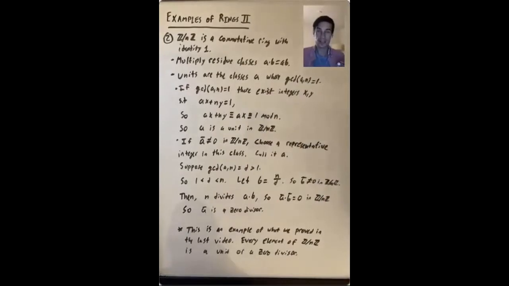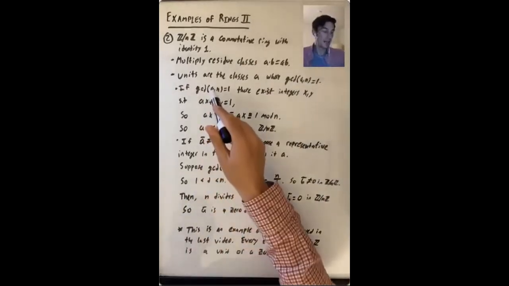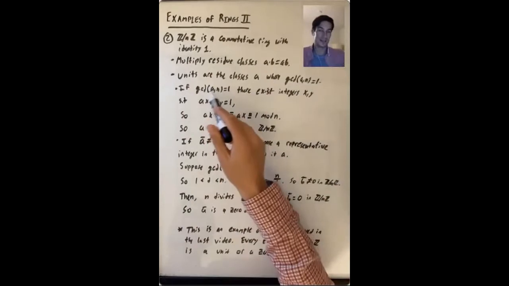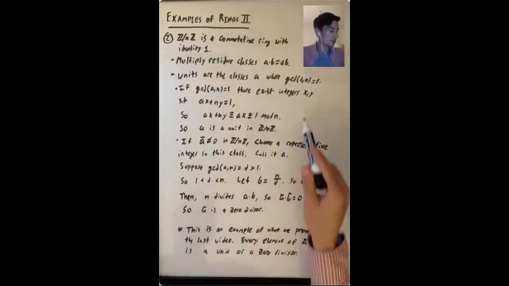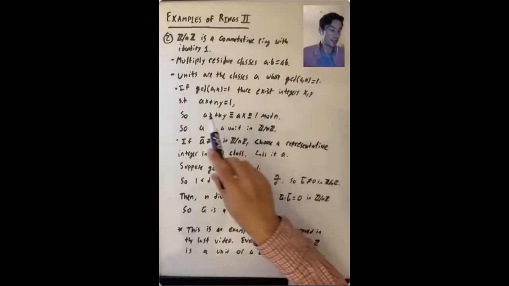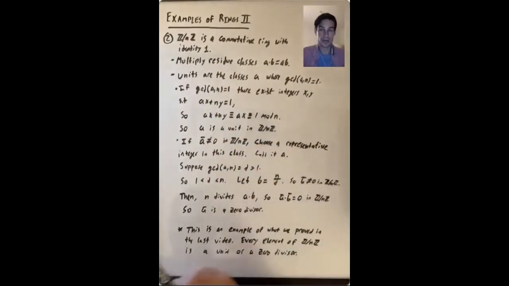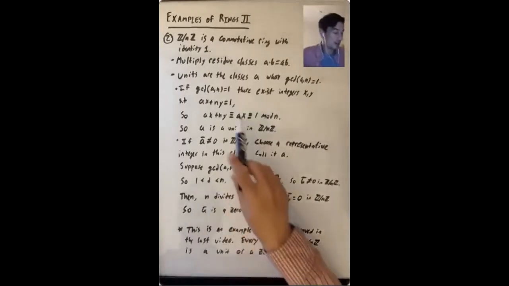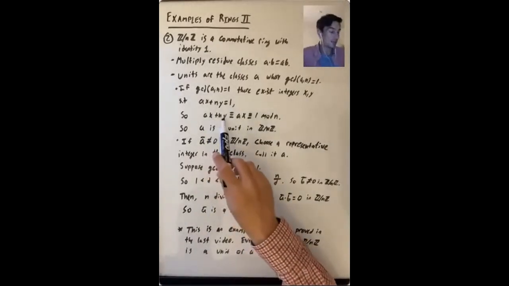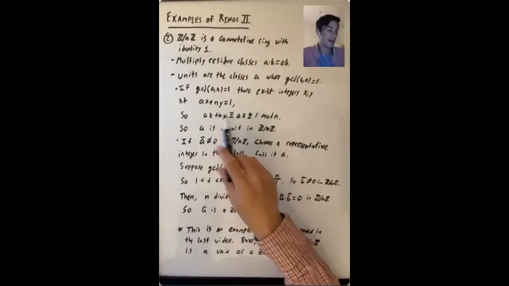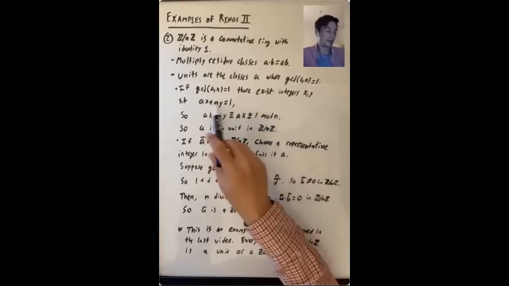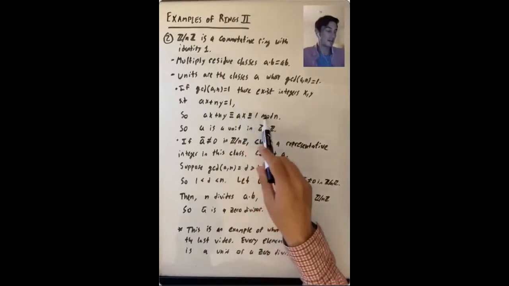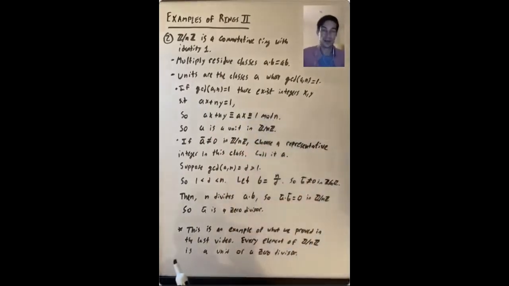So let's prove this. Let's first suppose that a is an integer where GCD of a and n is 1. What does that mean? One thing it means is there exist integers x and y such that ax plus ny equals 1. If we look at this equation mod n, we get ax plus ny is equivalent to ax mod n, which is equivalent to 1 mod n.